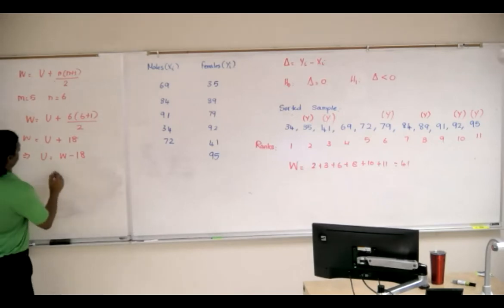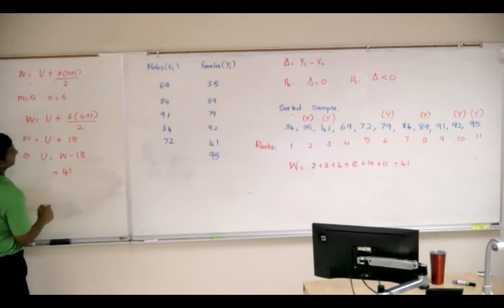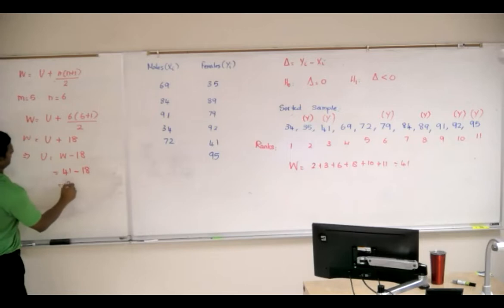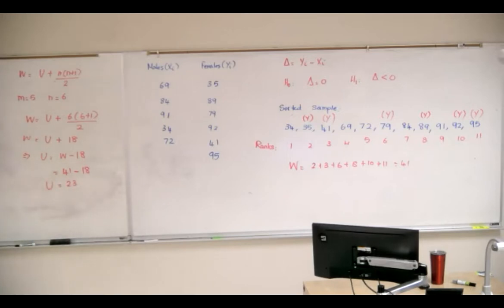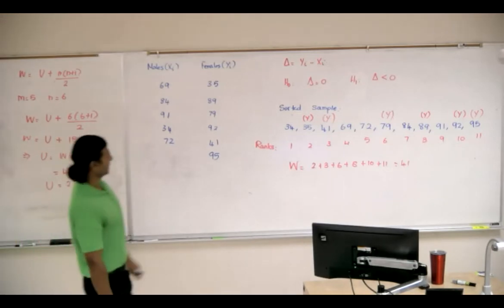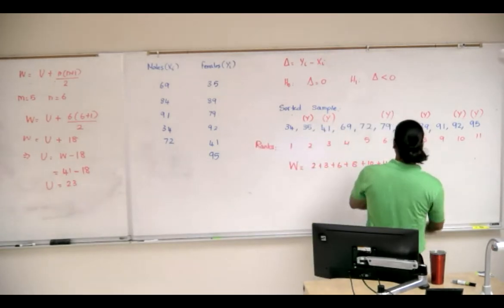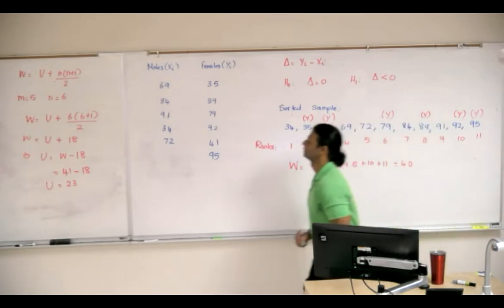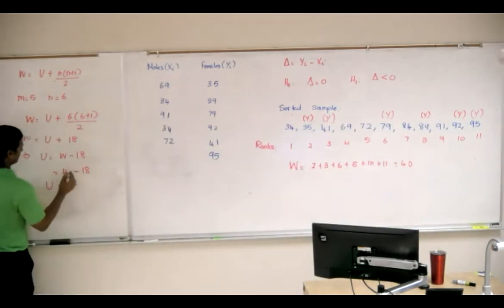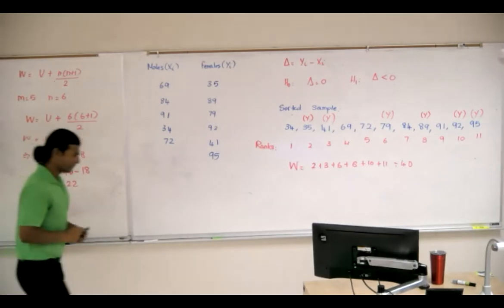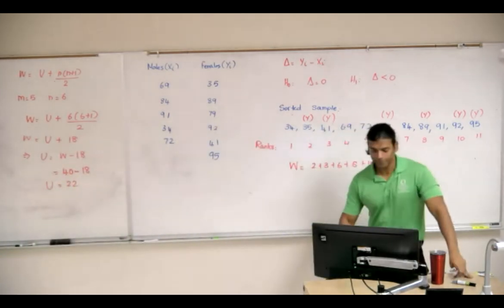Which is 40 minus 18. Is W 40, not 41? 40. So U is 22.